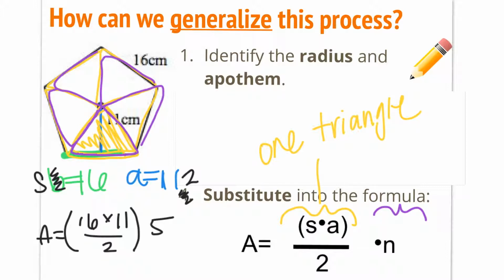If I get my calculator out, 16 times 11 is 176, divided by 2 is 88, times 5 is 440. A lot simpler than what we had before.